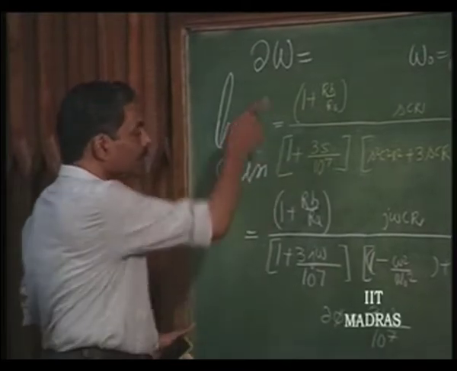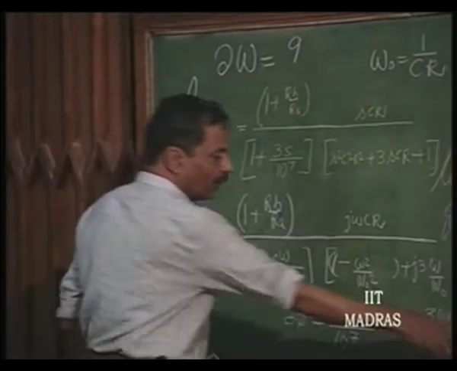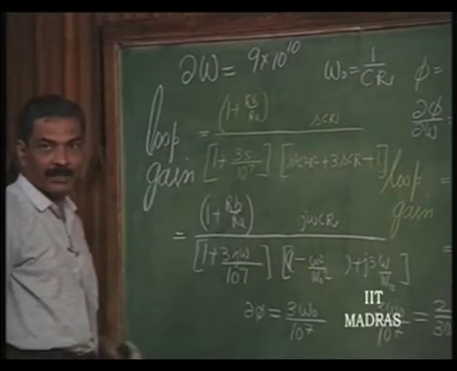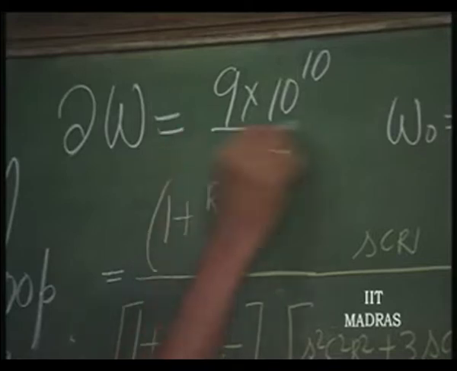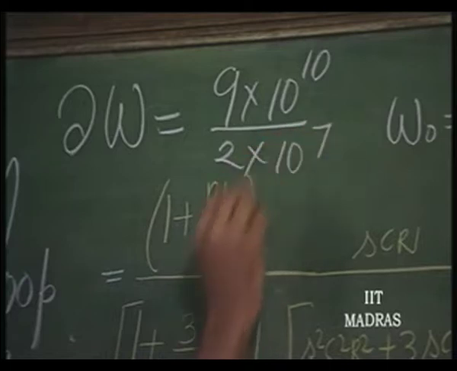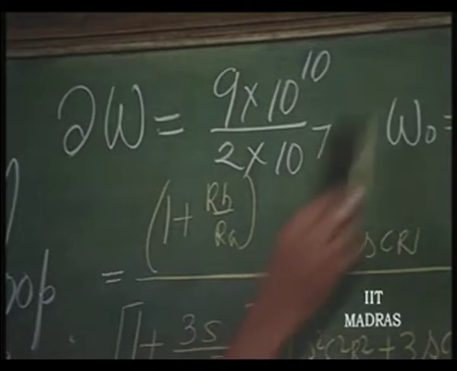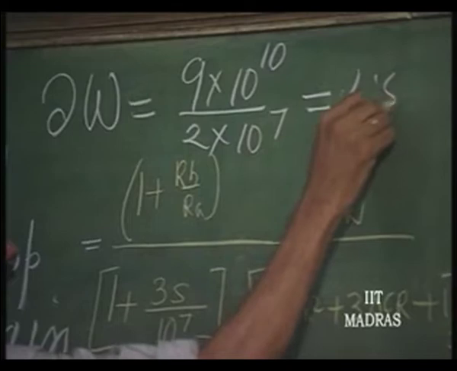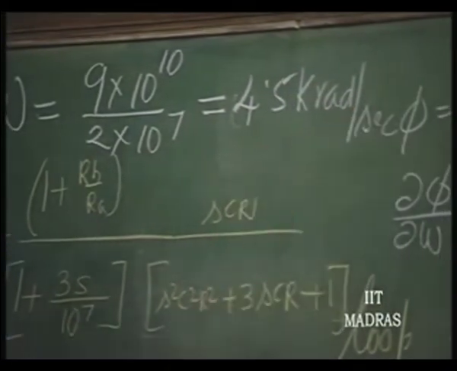So, that delta omega is going to be 9 omega naught squared, omega naught being 10 to power 5, divided by 2 into 10 to power 7. So, you can see that this is going to be equal to 4.5 kilo radians per second.